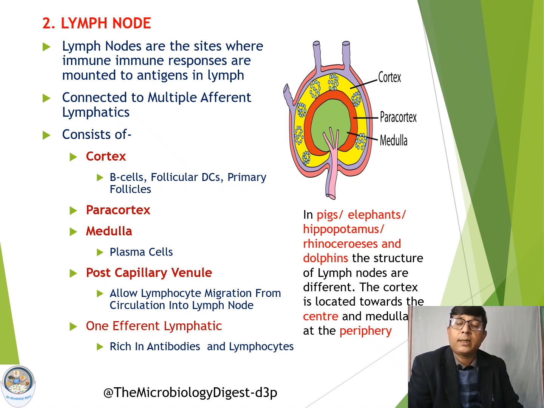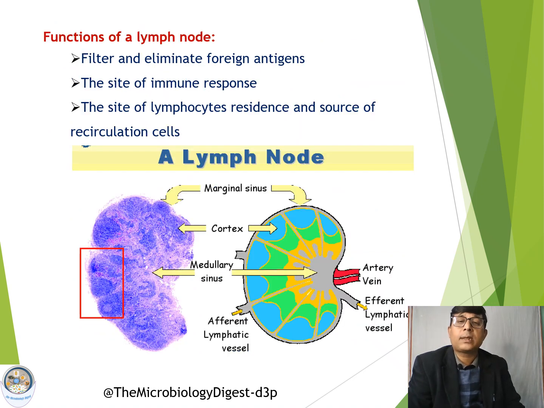So the structure is just the reverse of the normal structure in pigs, elephants, hippopotamus, rhinoceros, and dolphins. Now this is the structure of a lymph node.